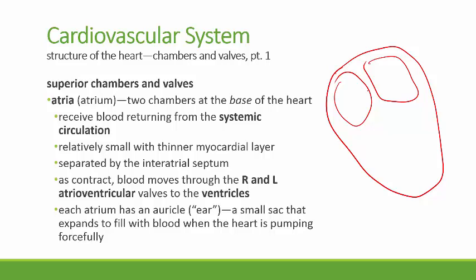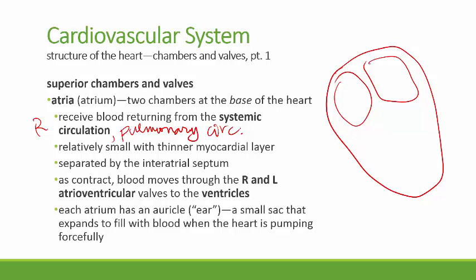The right atrium receives blood returning from the systemic circulation and the pulmonary circulation. So it receives blood coming back from both of those circulation patterns.